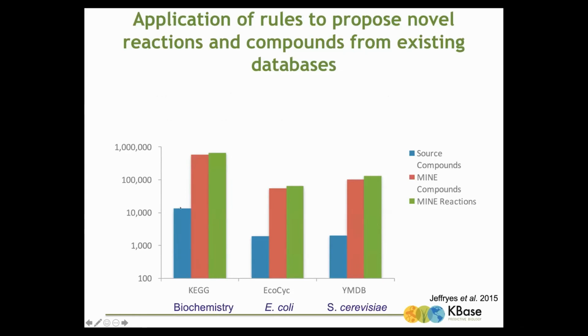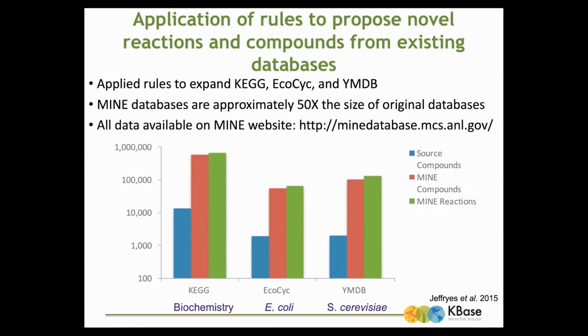You have about 15 to 20,000 compounds in KEGG initially. We apply our rules, and we have almost 1 million compounds and reactions in the MINE, which is just an expansion of KEGG with our enzymatic rules. And we've done this with our spontaneous rules recently as well. We've done this with EcoCyc and YMDB, which is a yeast database, and EcoCyc is E. coli. And we get about a 50x expansion in number of compounds.